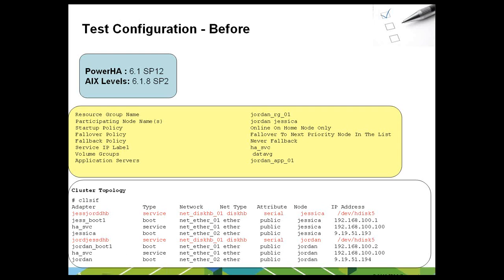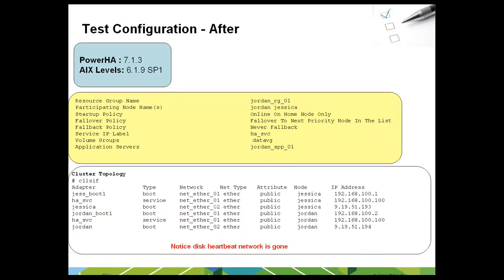It's not supported, but by the way, we will clean it up for you. So after we get done with the upgrade, I'm going to be at base level of PowerHA 7.1.3, AIX 6.1.9 SP1, and pretty much all my cluster information at this level is going to look exactly the same, the difference being that the disk heartbeat network will no longer be there.